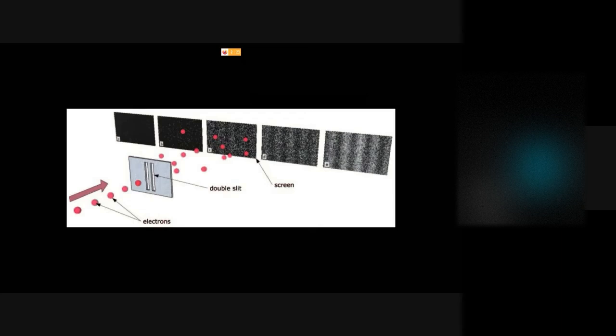This is what happens in case of light. So where there is a white pattern, that is constructive interference, and the dark area is destructive interference. Therefore, there are no particles over there. So we know that electrons are particles, but this proves that electrons are both particle and wave.